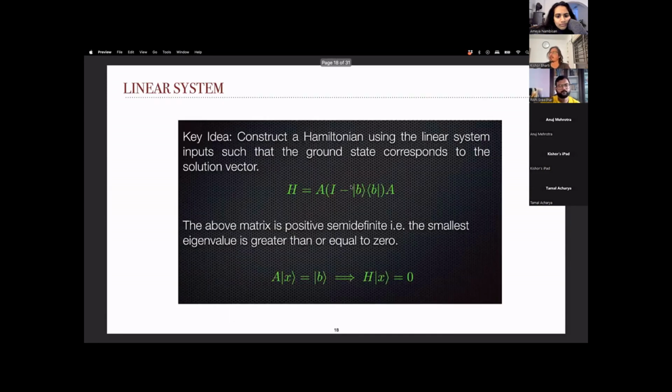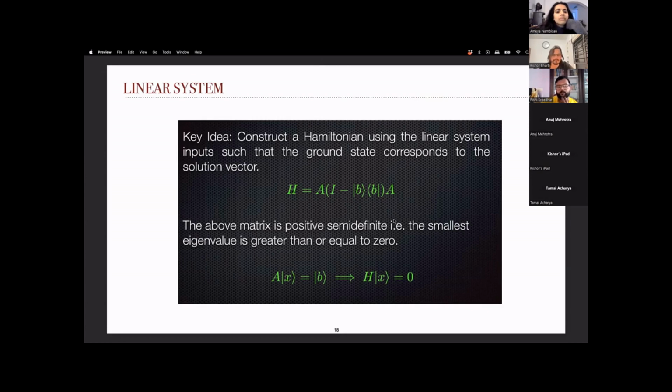And why is there an A on the left, the first A? Yeah, it's supposed to be A transpose. It's some matrix that we construct from A and B, and because A is equal to A transpose, it does not matter.